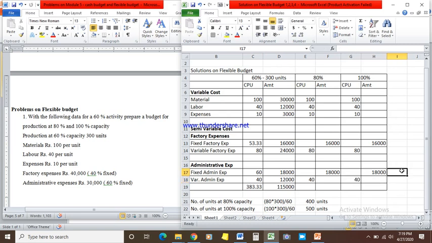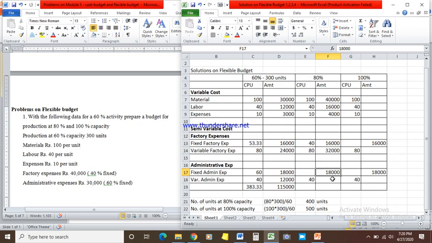Now having written these values, what will be the total amount, how am I going to write it up? So this 100 is multiplied with, at 80% the number of units manufactured is 400. So 40 into 400, 10 into 400. So this 16,000 fixed factory expense, we need to divide this by 400 units. Whereas variable factory expense is already 80 rupees per unit, this 80 rupees should be multiplied with 400.